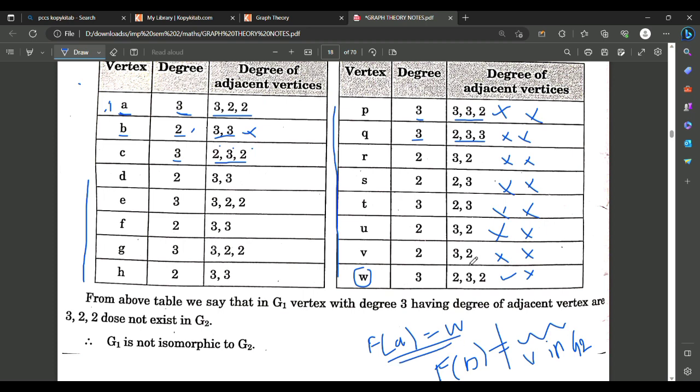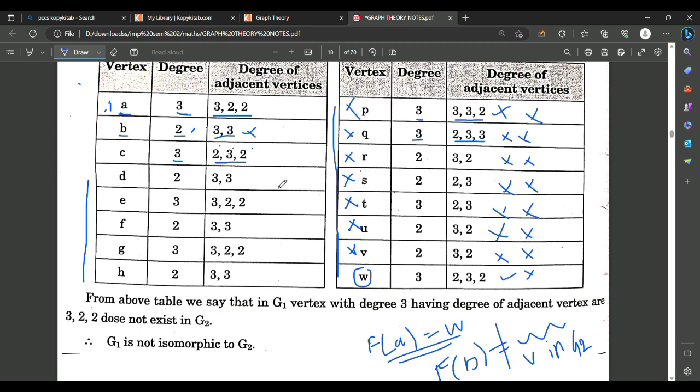Now we will check for another one which has the same degree 3 and has degrees of adjacent vertices as 2, 3, 2. Not this, not this, not this, not this, not this.